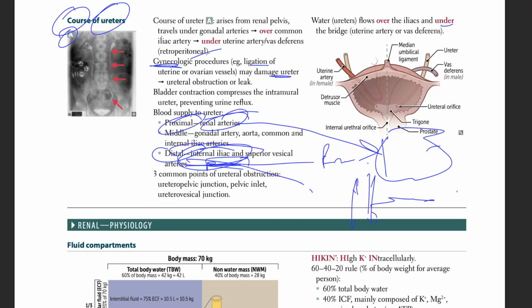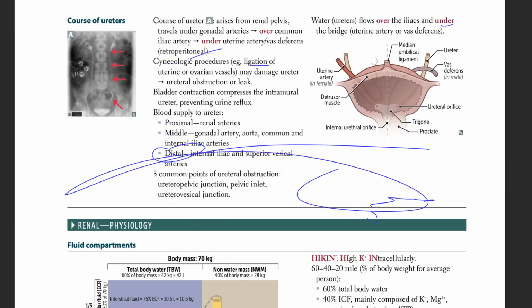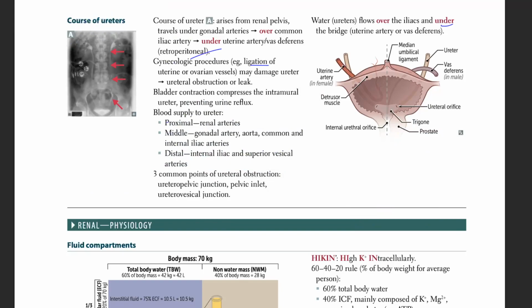So that's what we have. What else? So just as far as definition goes, we know that it arises from the renal pelvis, travels under gonadal arteries. What are the gonadal arteries? We have the ovarian, testicular. They're all gonadal arteries.